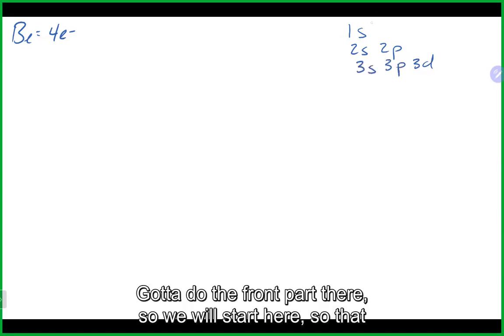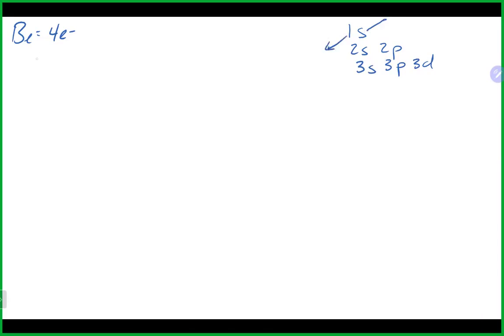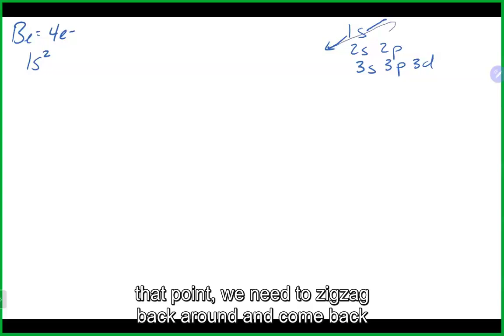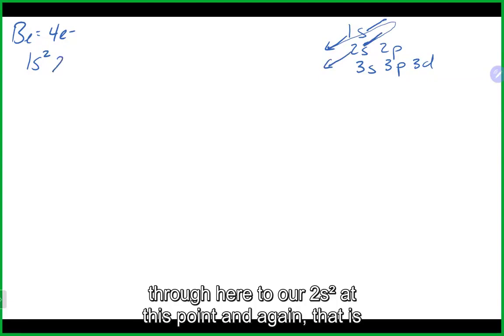So we will start here, and that is again going to take us to that point. We need to zigzag back around and come back through here to our 2s2 at this point.